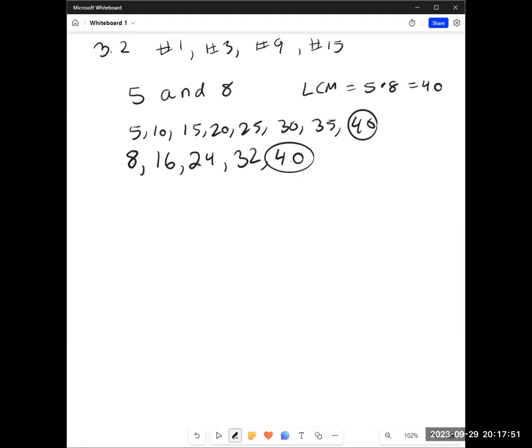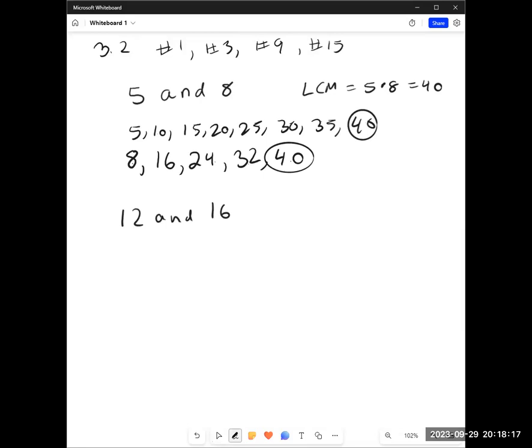Let's try something similar to number 3. This one has 12 and 16, which are not relatively prime anymore. They have a common factor of 4. So we're not just going to be able to multiply them this time to get the least common multiple.